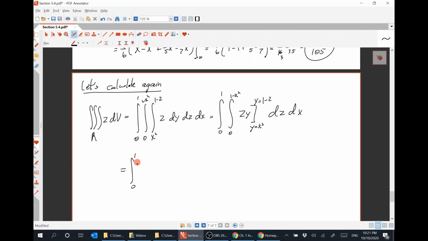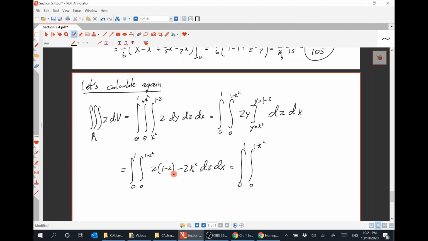So evaluating at y equals 1 minus z, you have z times 1 minus z, and then evaluating at x squared, you have zx squared, dz dx. All right, let's clean up that expression a little bit.